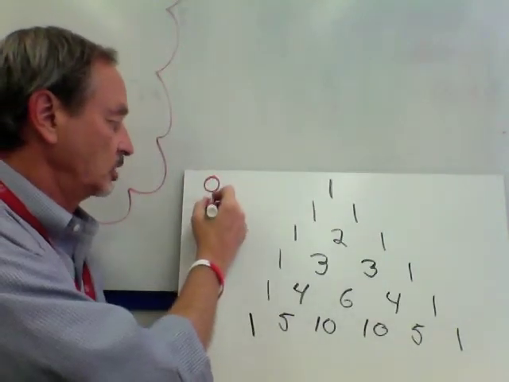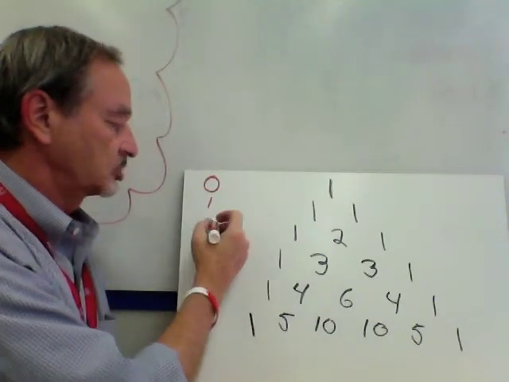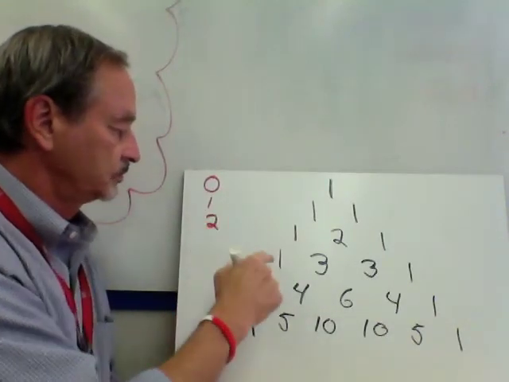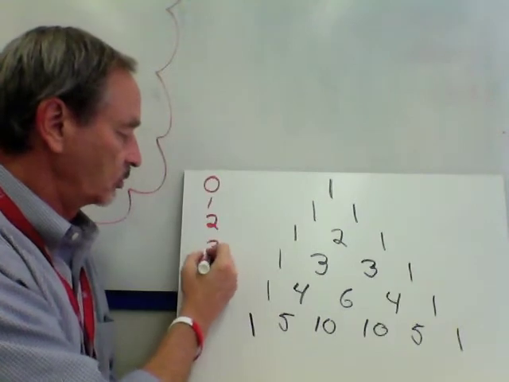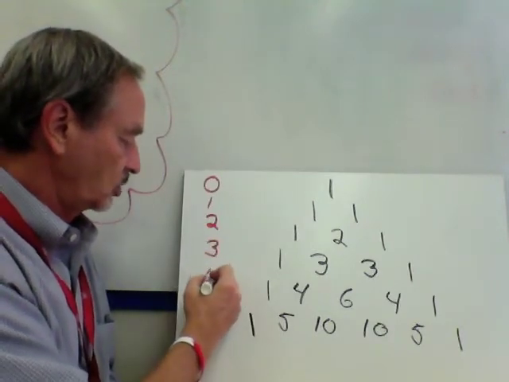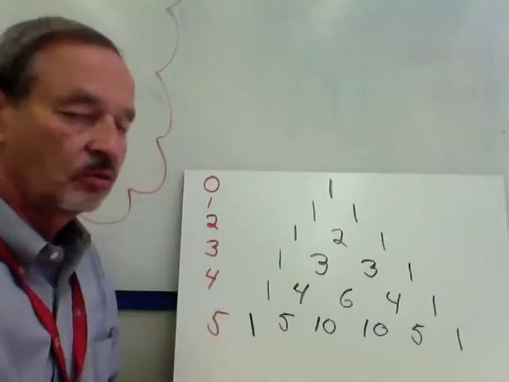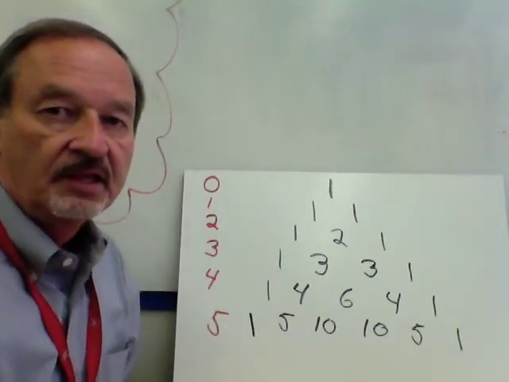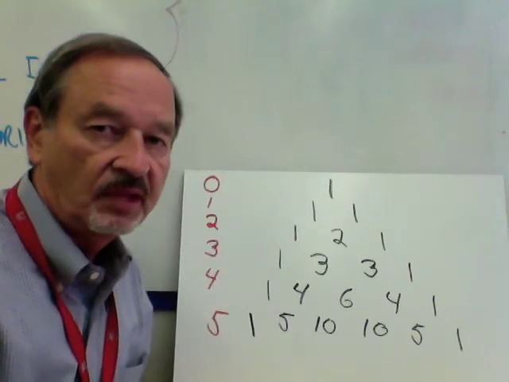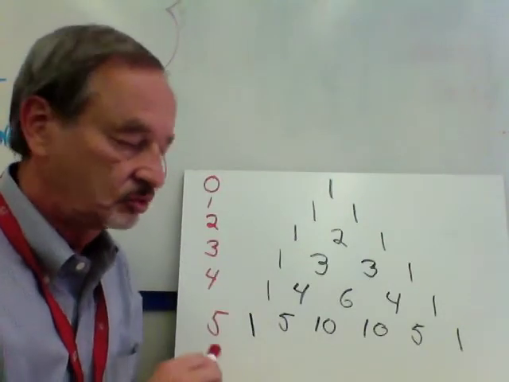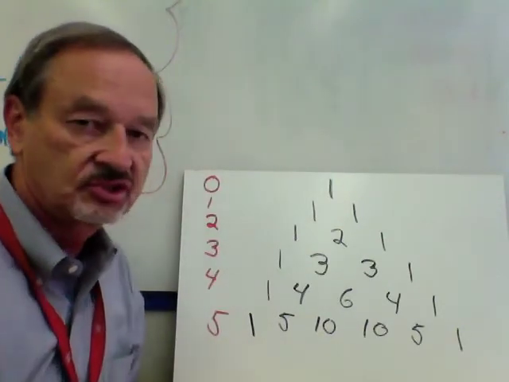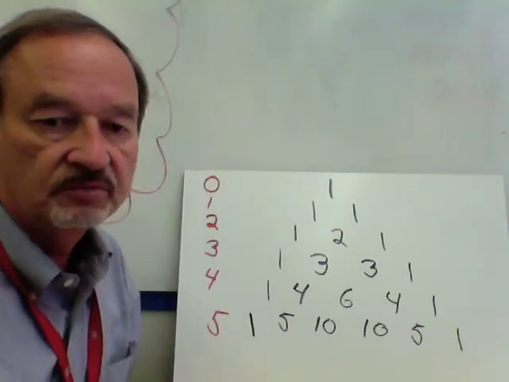The next row is row 1. The next row is row 2. The next row will be row 3. The next row will be row 4. And the next row will be row 5. Now I want you to pause the video, and on your own, I want you to go ahead and write the 6th row of Pascal's Triangle.